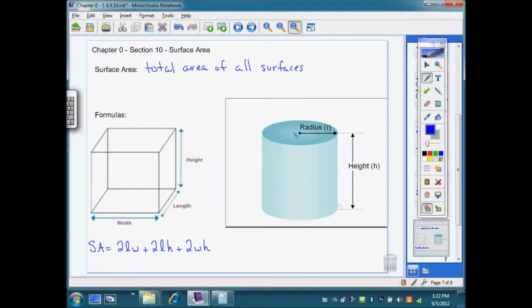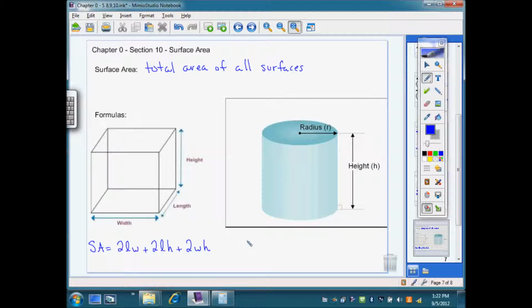For the surface area of a cylinder, what you end up with is you have the 2 circles, one on top and one on bottom that you have to find the area of. And then you have the area of the part that wraps around. Has anybody ever taken the label off a can? Yeah. So it's a rectangle, right? So if you find the circumference of the circle, that gives you the length of the rectangle, and then the height is the height.